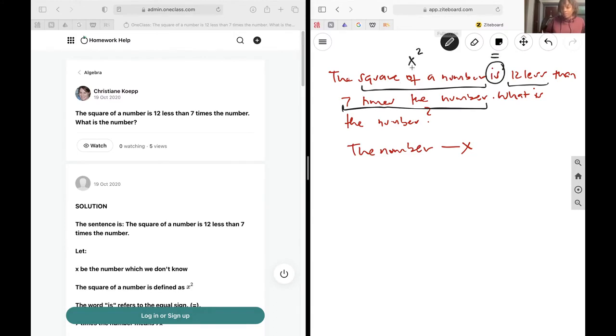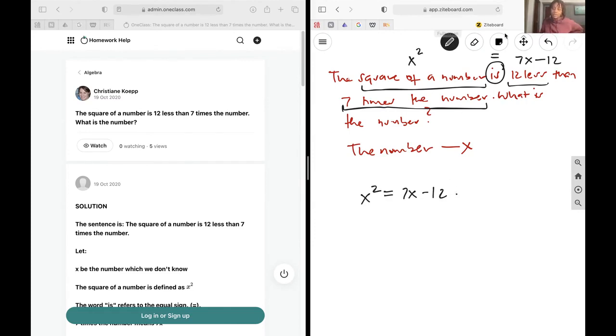So the square of a number, x squared, is 12 less than 7 times the number. So 7 times the number, and then I take off 12. Okay, and so now I just put that all together and I get x squared is equal to 7x minus 12.